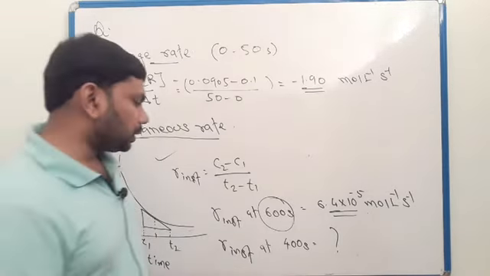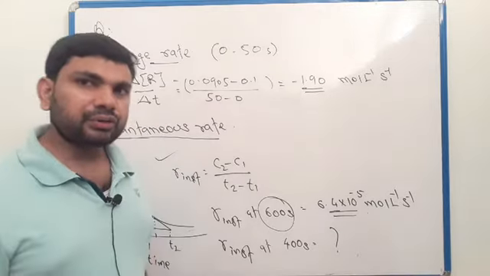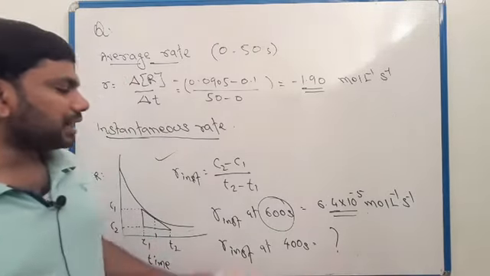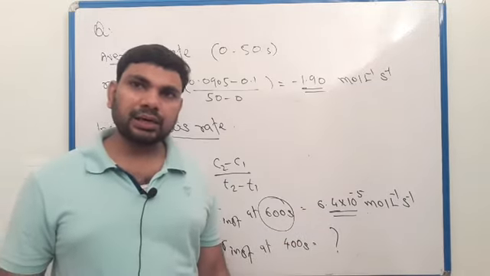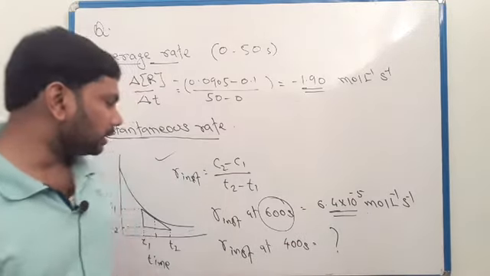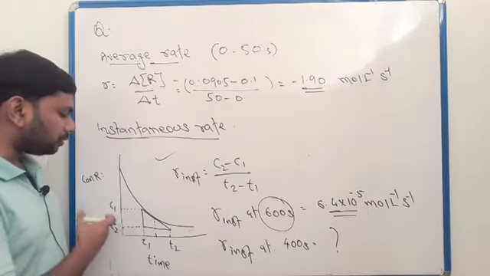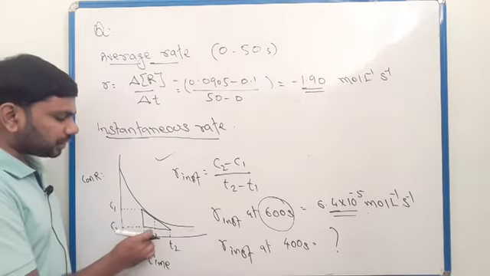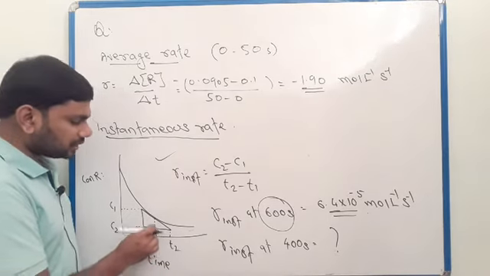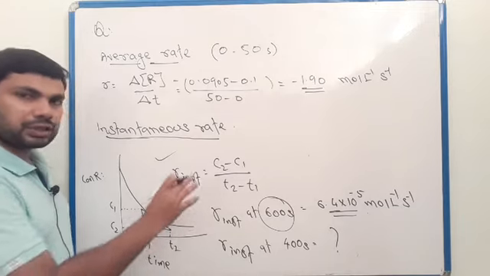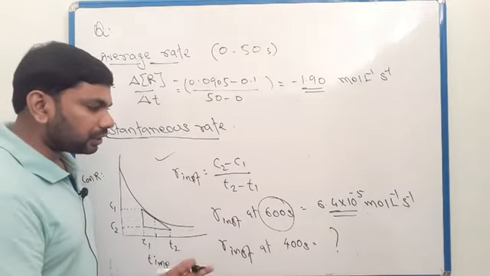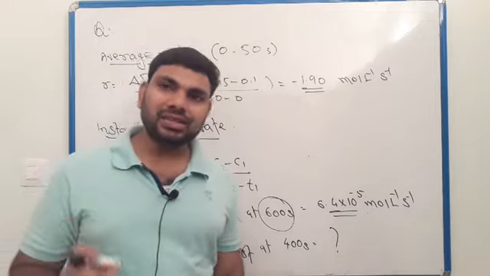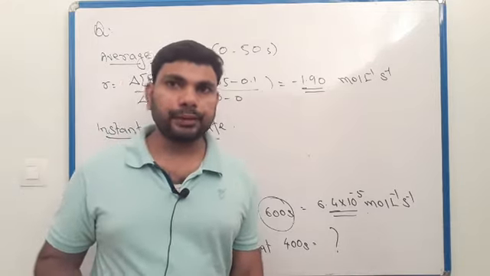You have one homework question: find the instantaneous rate at 400 seconds. Take a graph paper, put the values in, take the point at 400 seconds, make the triangle like this, and solve it. After you solve this, write the answer in the comment box.